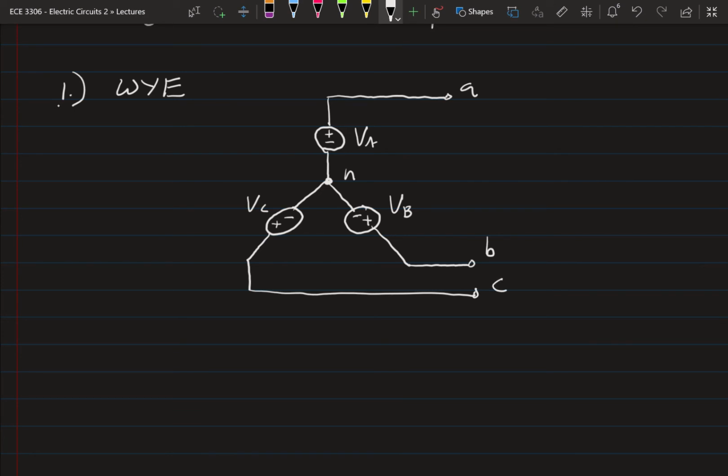So there we go, there's a Y configuration. Now, in the upcoming lectures, we'll also consider the impedances of each of these sources. But for now, just know that in the Y connection, all of the voltage sources branch out from a single common node.